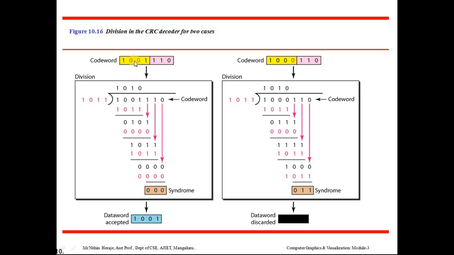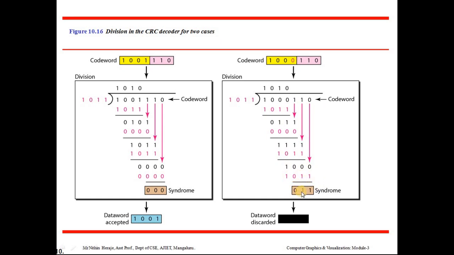So this is one code word that we received. Now let's see the same code word. We are just going to change 1 bit of the data word. So the 4th bit in the data word, you have it as 1, and here we have made it 0. The same operation continues here also.